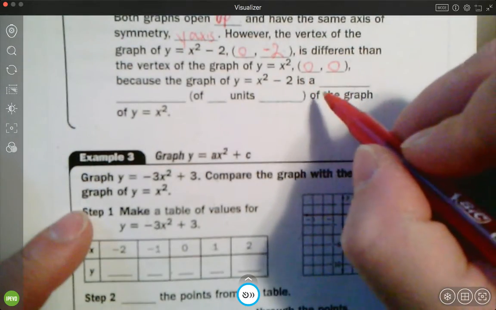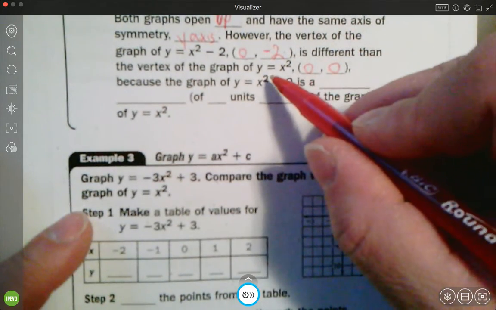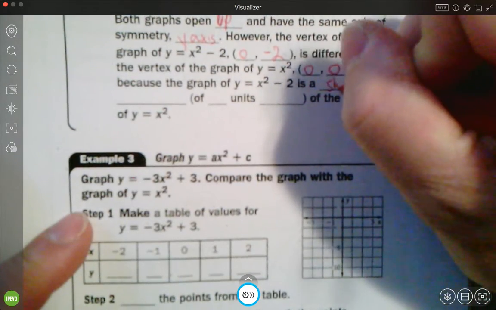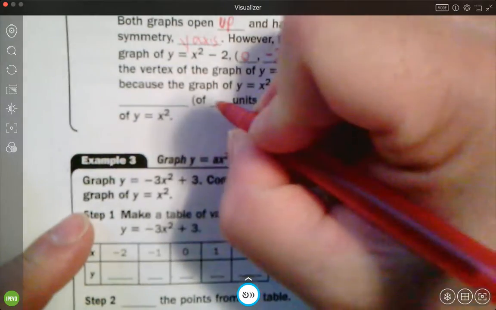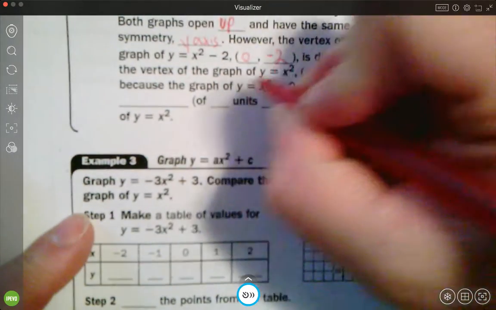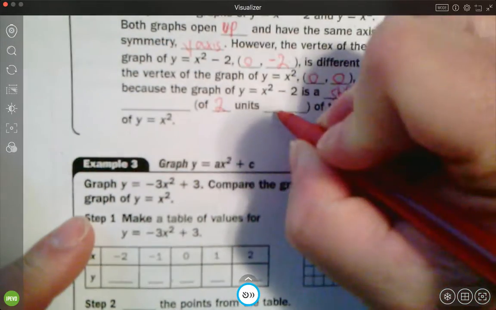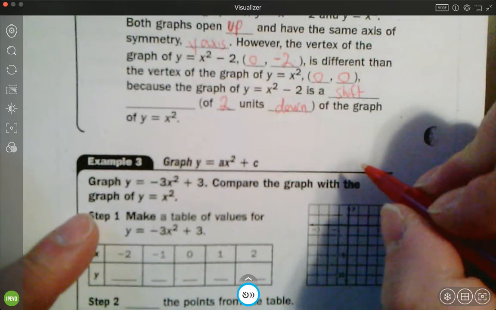And so now y equals x squared minus 2 is basically a shift, I would say. A shift of 2 units down the y-axis, I would say.